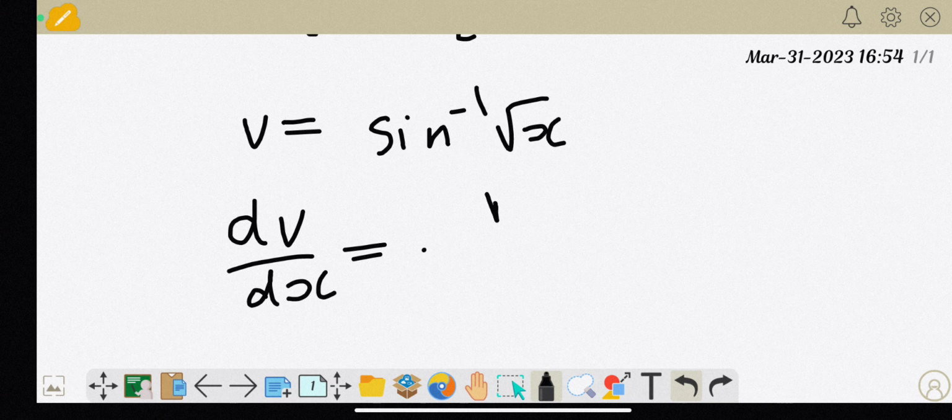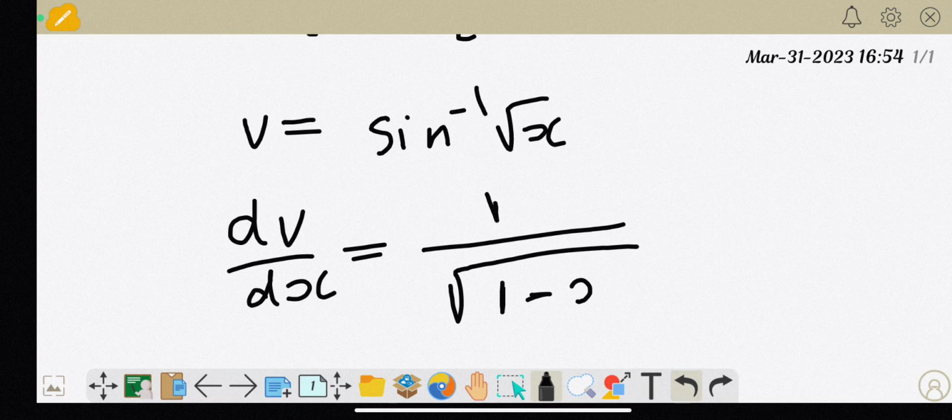It is 1 by root of 1 minus x square. In place of x, what is there? Root x whole square. So I can just write it as 1 minus x, into what is the differentiation of this root x?